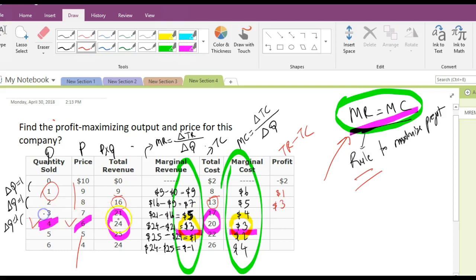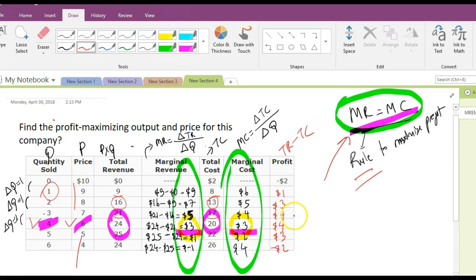If they produce 3 units, making $21 in revenue and $17 in cost, the company makes $4 in profit. At 4 units, the profit will be $4. If the company is producing 5 units, they make a $3 profit, and at an output level of 6, their profit will be minus $2.